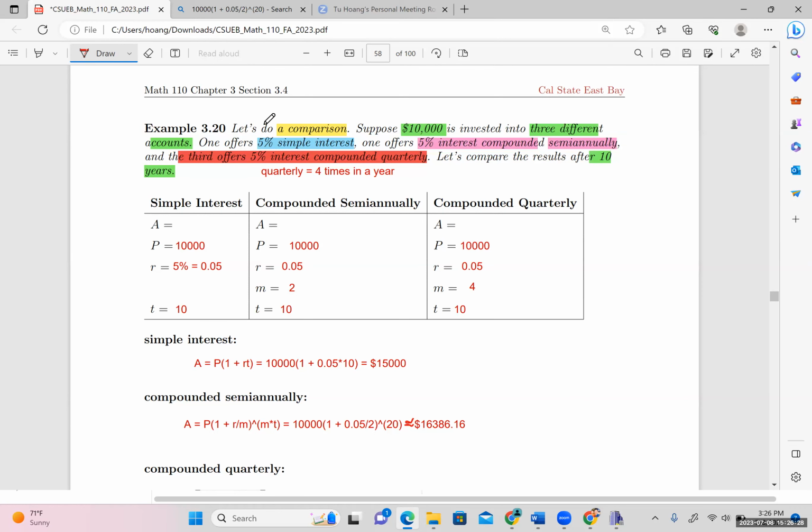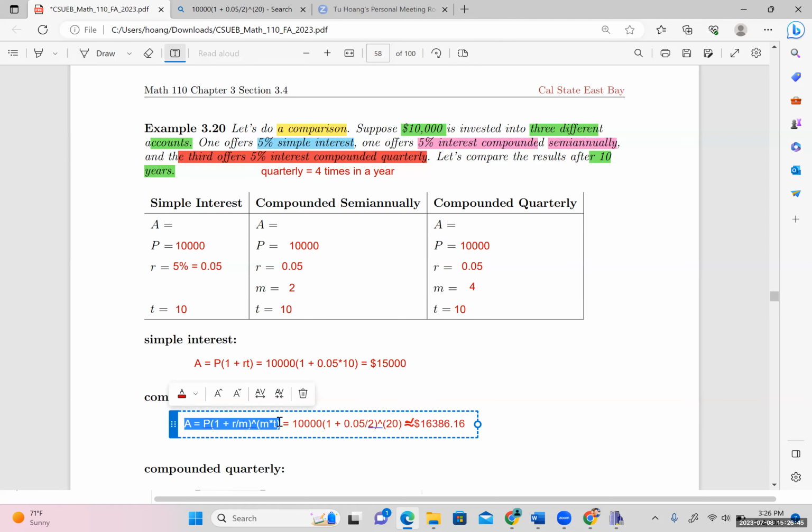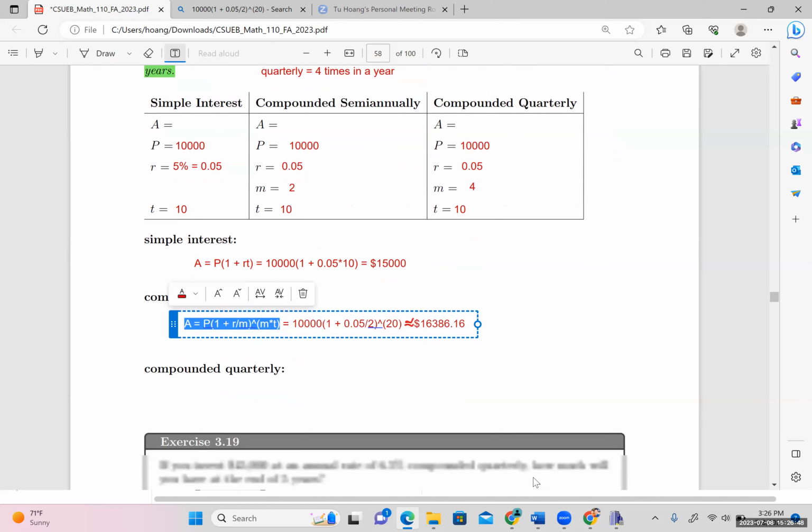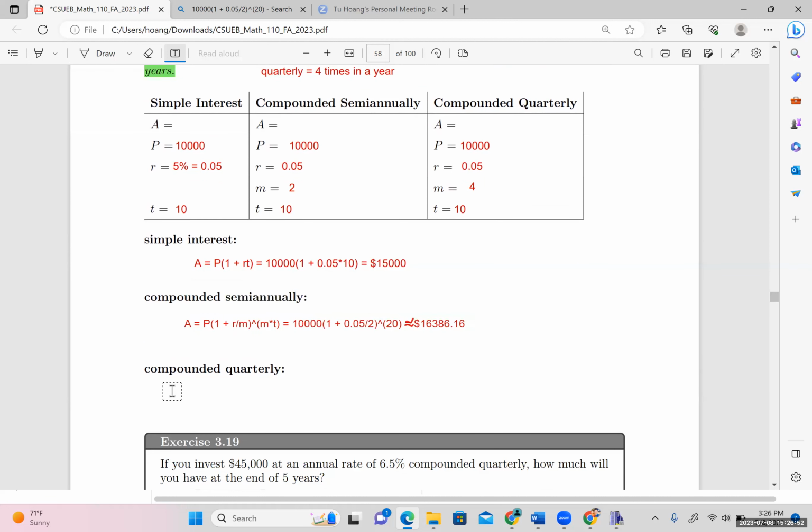In my notes I'm using the formula 1 plus R over M raised to MT for compound interest, right? And the last one, I'm going to copy this one up to here.